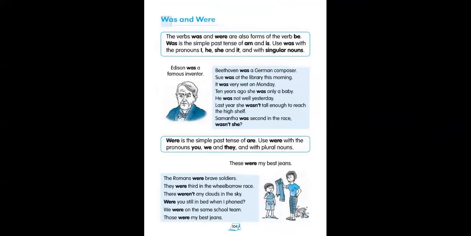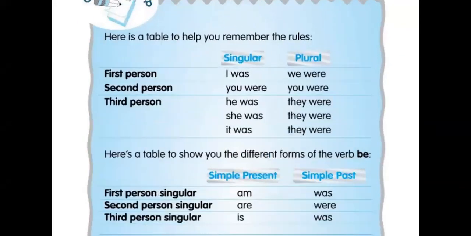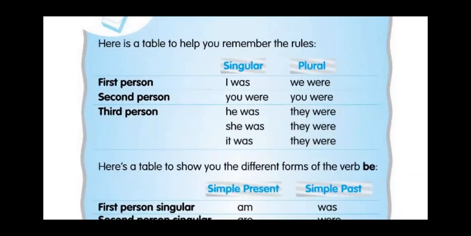So have you understood? Was is the helping verb which is used with pronouns I, she, he, it, and with singular nouns, whereas were is used with plural nouns and with you, we, and they. Now let's see the table. With first person singular I was and plural we were.